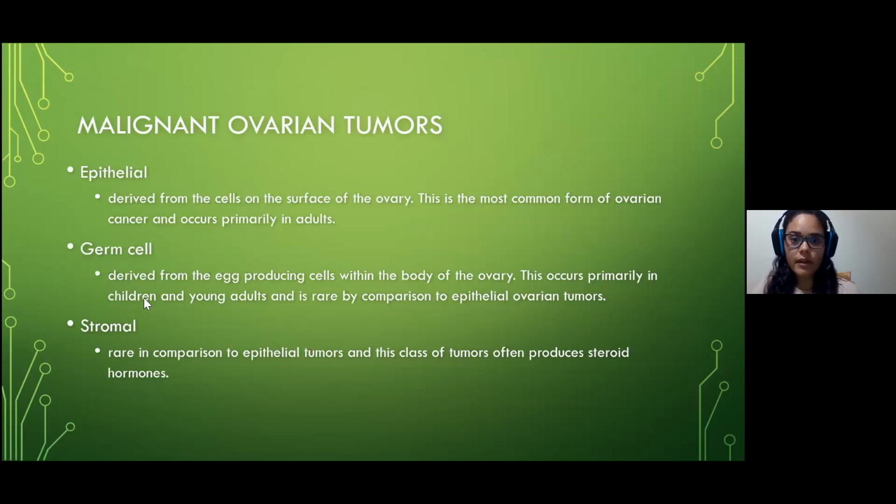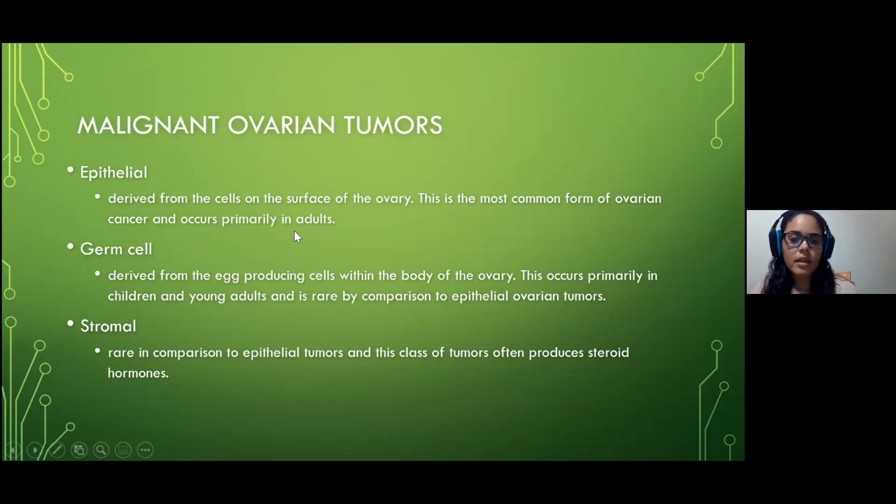For the malignant ovarian tumors, you have to look at which layer they came from. The epithelial type is derived from the cells on the surface of the ovary. This is the most common one, and it occurs primarily in adults. The germ cell type is derived from the egg-producing cells within the body of the ovary, and it occurs primarily in children and young adults.